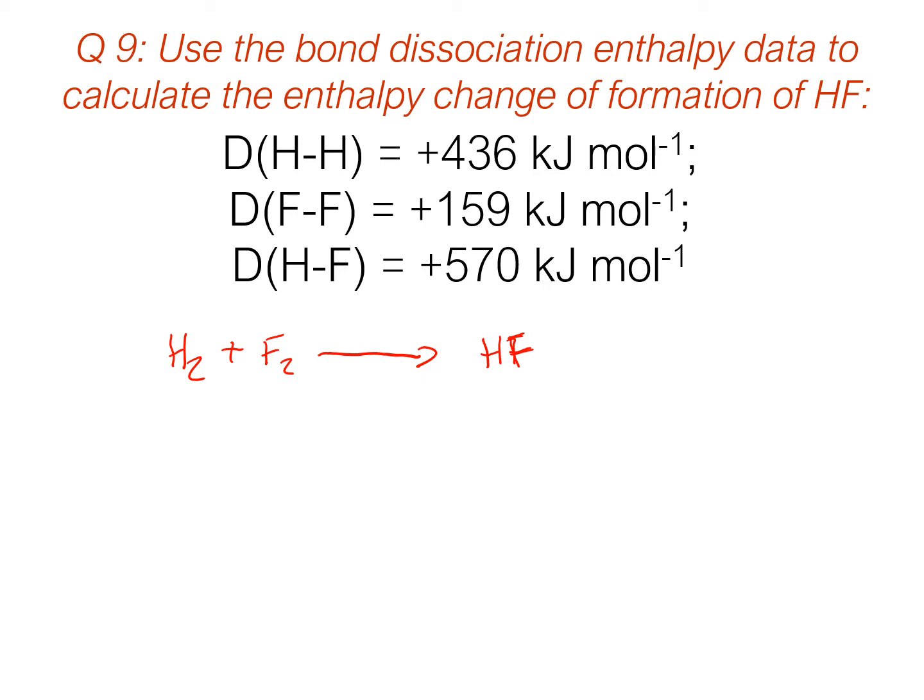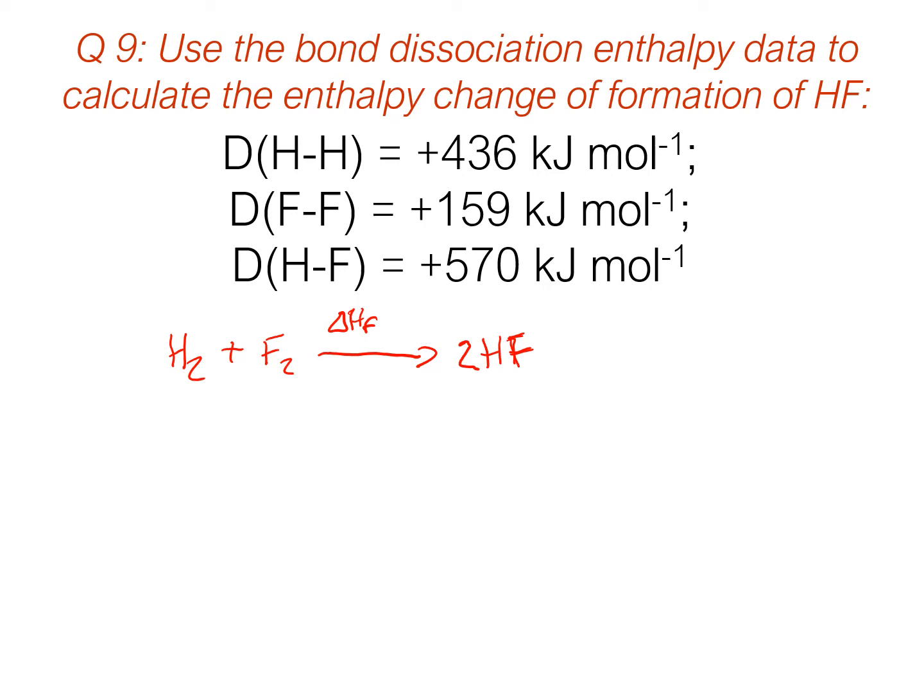Now, the tricky bit of this question is getting the balancing right and seeing how that affects your calculations. So we'll see this isn't balanced yet. We actually make 2 moles of HF when combining molecular hydrogen and molecular fluorine. And we want to calculate the delta H of formation, which is this energy.